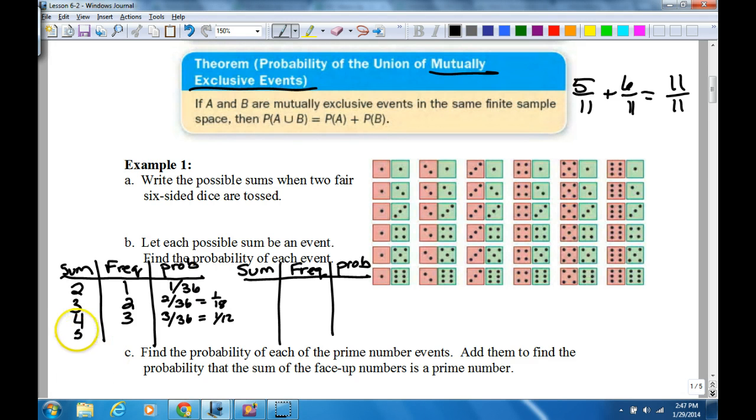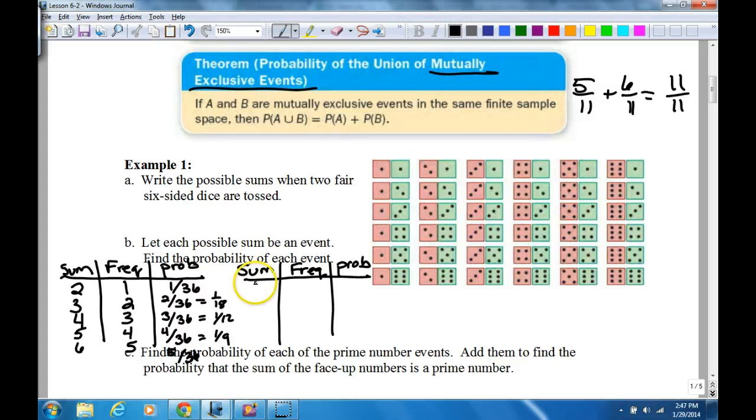What's the probability, or my sum of 5, what's my frequency for that? 4. 4 out of 36, or 1 over 9, right? All right. How about 6? 5. And then you have probably 5 over 36, and you can't reduce that.